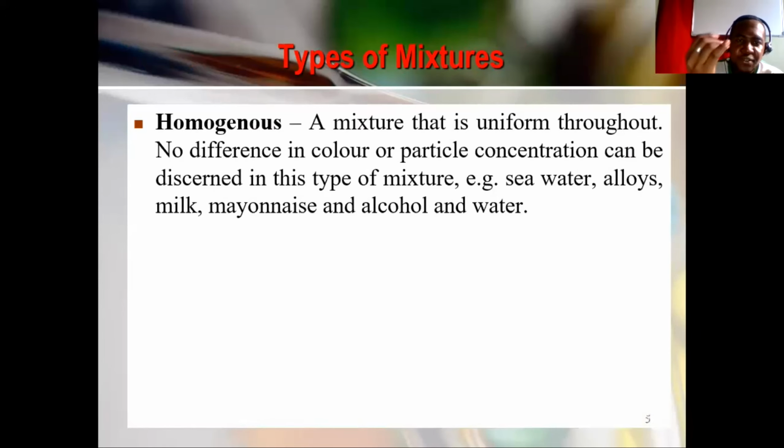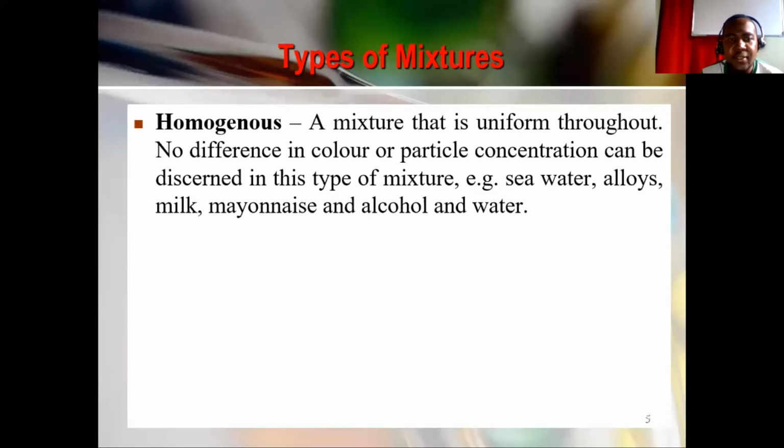You're not seeing the syrup different from the water particles. Examples of those mixtures are seawater, because the salt will dissolve in the water, so you're not seeing a layer of salt and water.